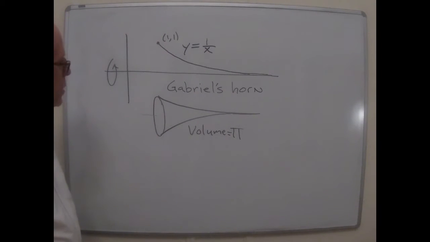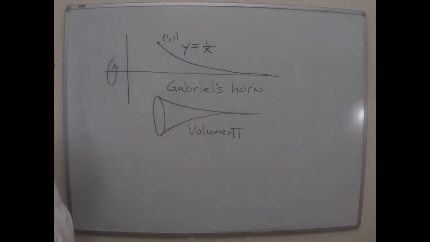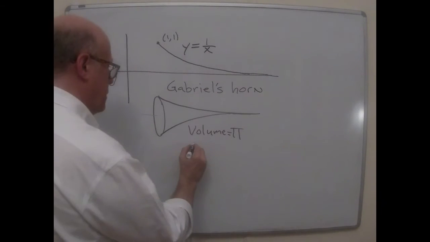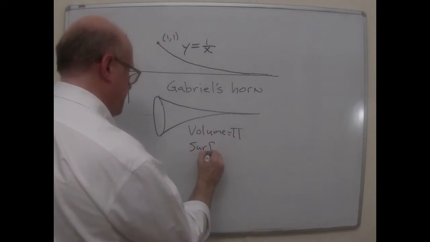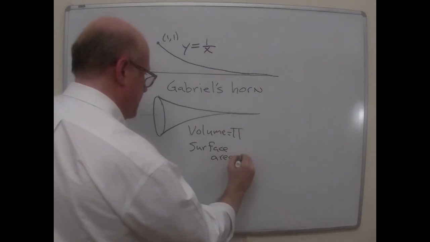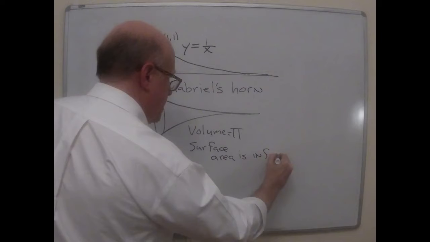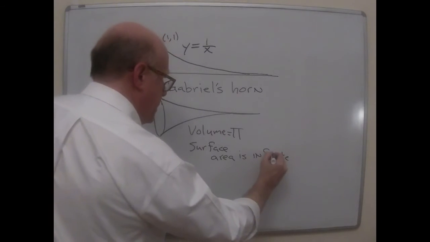If you had pi gallons of paint, you could turn this thing 90 degrees and pour it in there. It would fill it up. But its surface area is infinity. Which is a real mind bender, right?